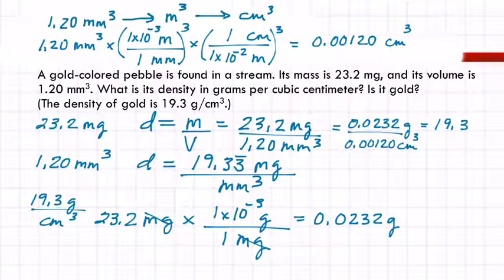How many sig figs should that have? 3. 19.3 grams per cubic centimeter. It came out the same as this one. It's okay. Milligram is a smaller unit, and millimeters cubed is a smaller unit than these units. And the factor by which they are different is the same, and so the density ends up being the same in both units. Is the pebble gold? Yes, it is.